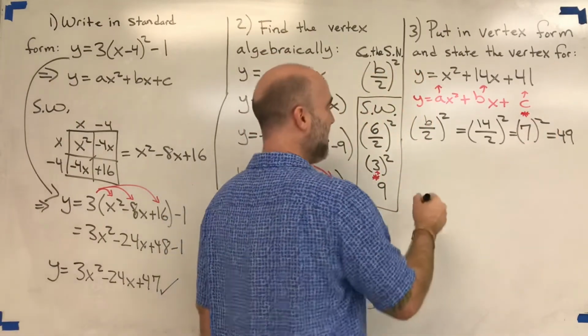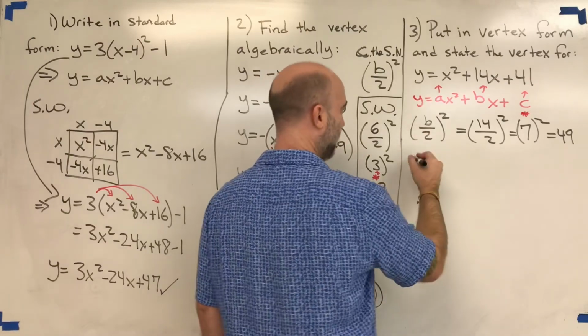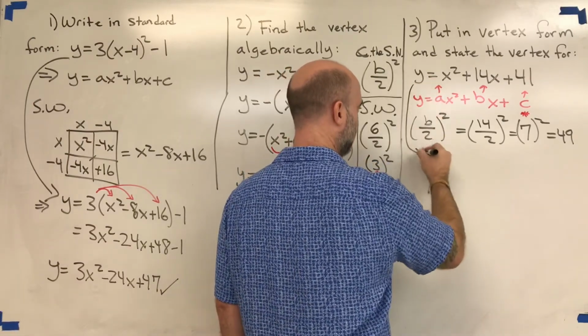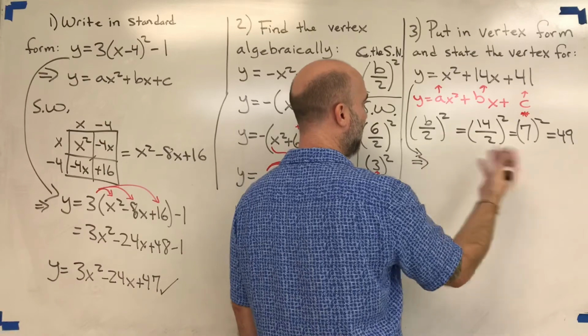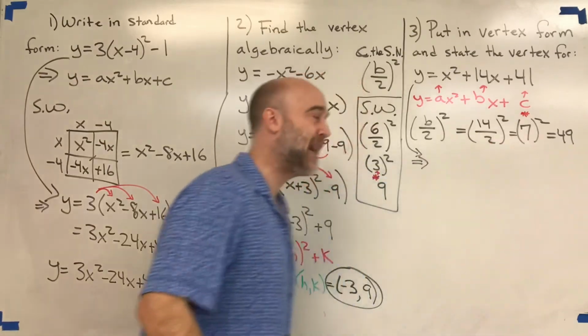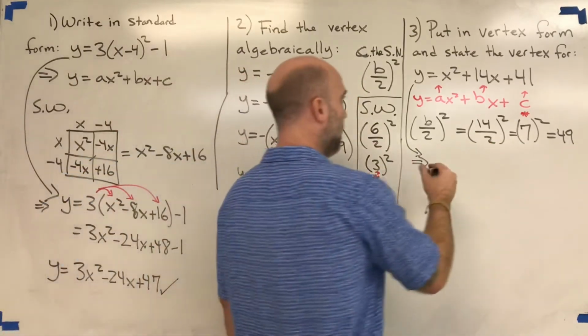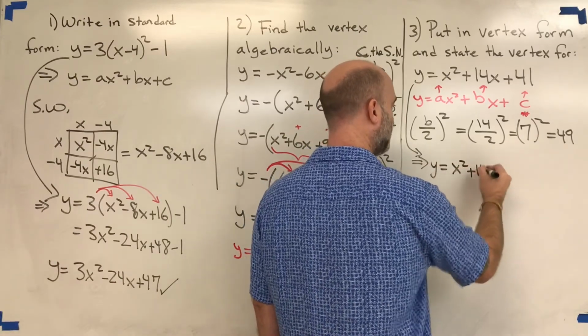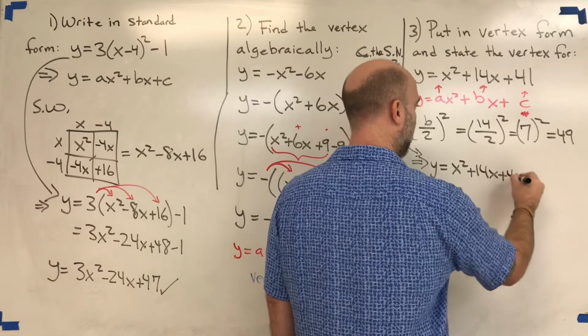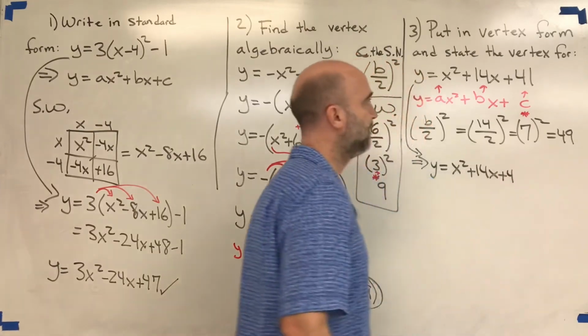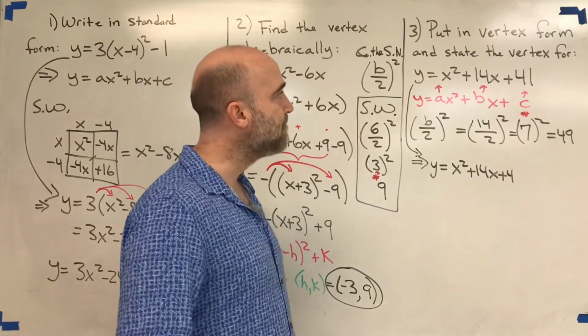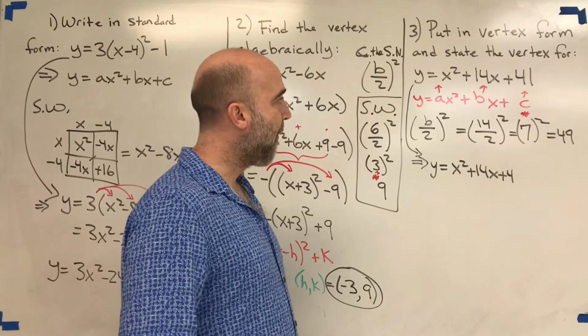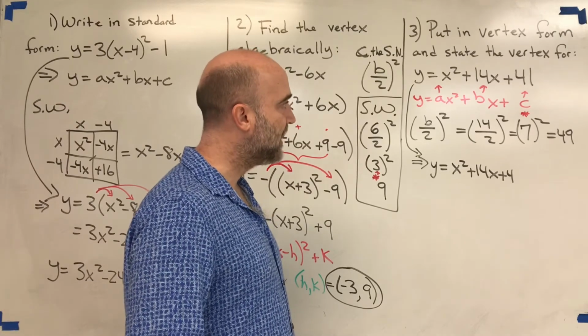All right. And so what I'm doing here, here's my original function, and now I am adding and subtracting that 49 to it. Y equals 15x plus 40. All right, well, there's kind of a shortcut we can take here.